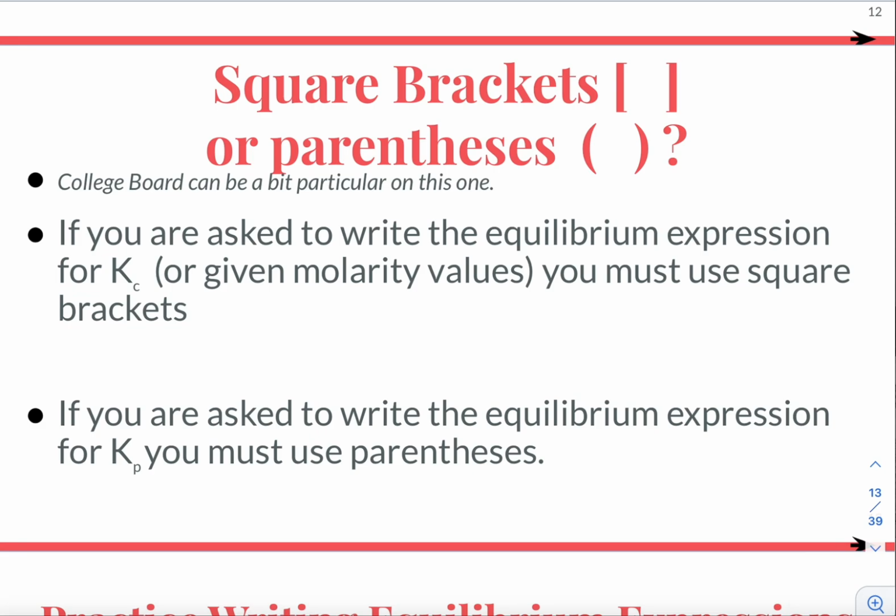But if it's Kp or you're given atmospheres in the problem, you must use parentheses, okay? And I'm going to show you how to write the expressions now, but that's kind of important because you're going to get so used to writing these expressions, it's going to be very second nature to you. You want to make sure you get the points and you don't lose them just for using the wrong little things to enclose them, okay? So make sure you're using square brackets for concentration and parentheses for pressure.